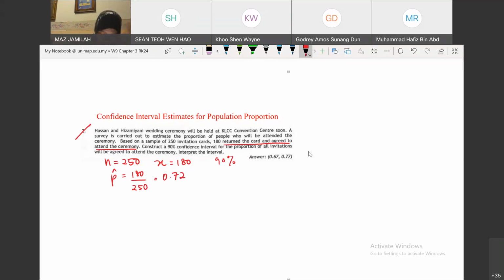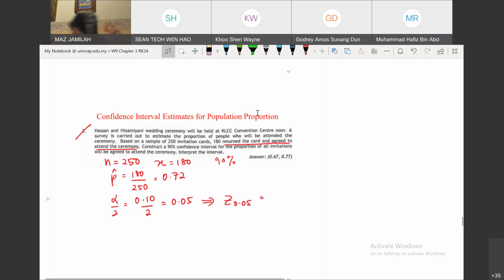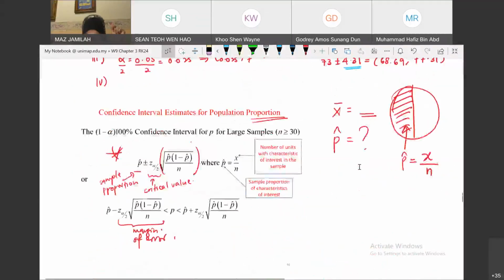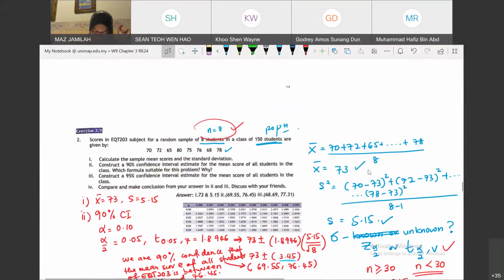Alpha over 2 will be 0.10 divided by 2, which is 0.05. So Z 0.05 is equal to what? Z 0.05 is 1.6449.